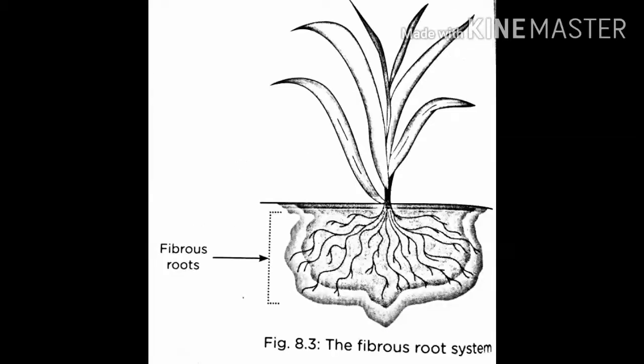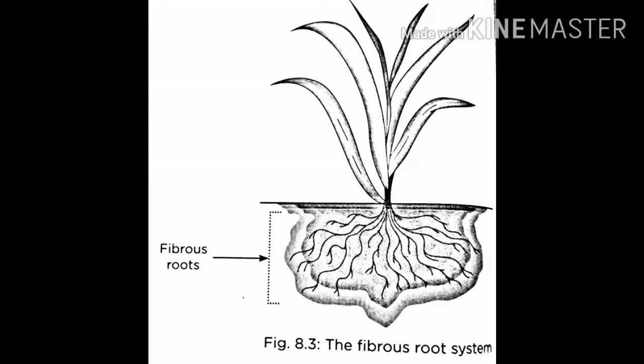Next one, fibrous root. There is no main root. Instead of a main root, there are a number of similar looking fiber-like roots in the form of a bunch.